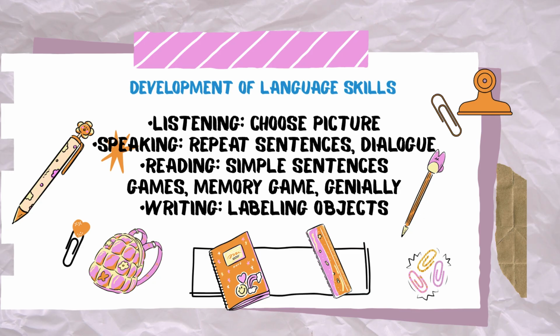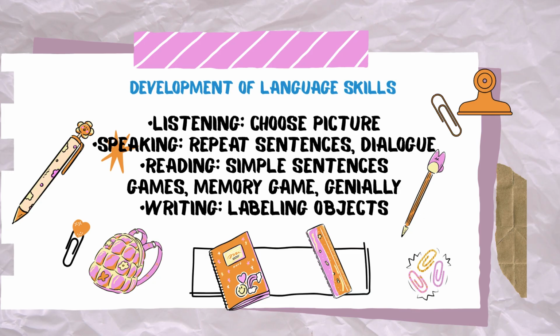In this slide, we can see how the lesson develops different language skills in a gradual and simple way. First, we work on listening, a student listens to short sentences and shows the correct picture. This helps them connect sounds with meanings using real objects from their daily life.